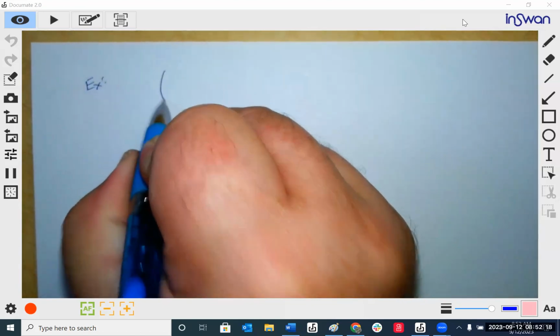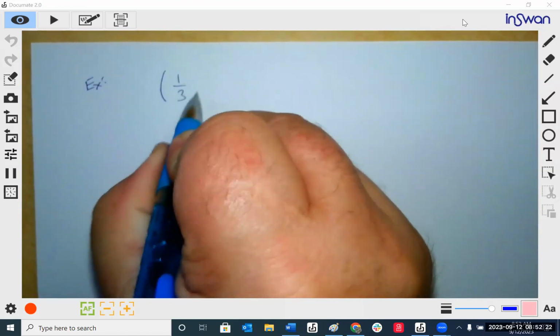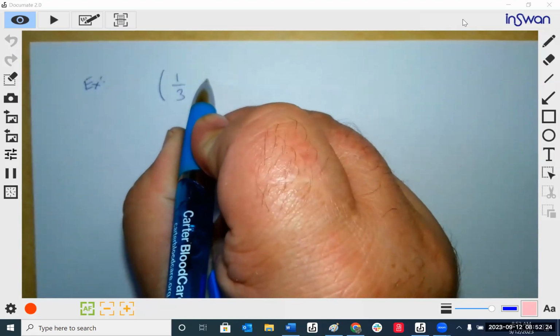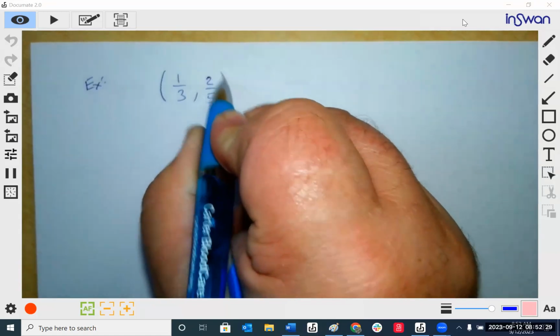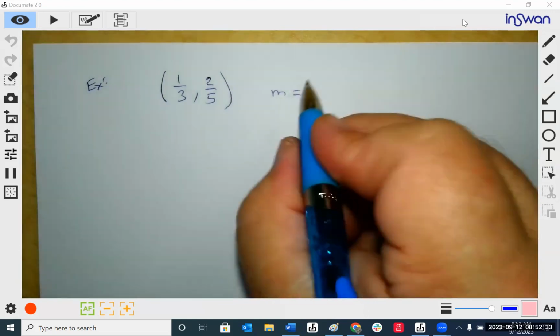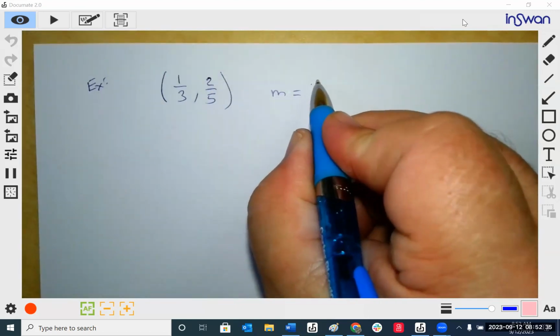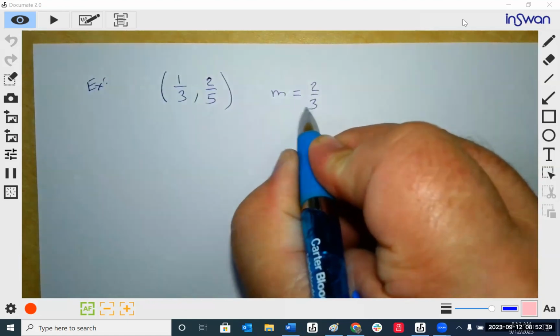So the point we're using is 1/3, 2/5, and the slope is 2/3.